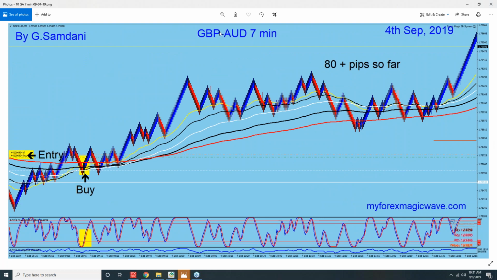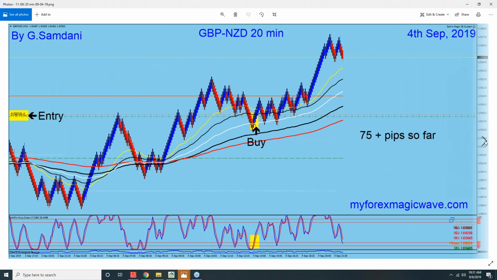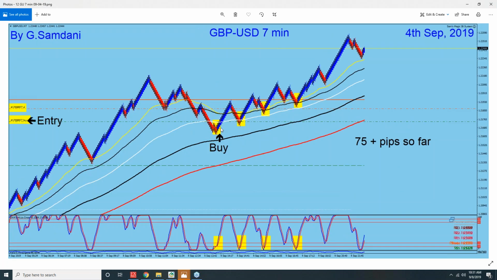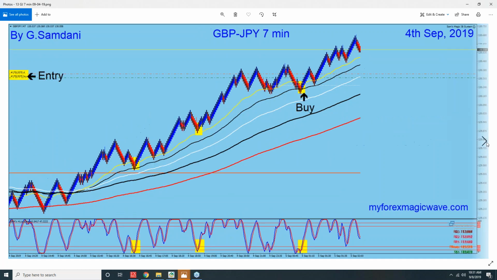The first trade, pound Aussie to the upside. The second trade, pound Aussie to the upside. The third trade, pound USD to the upside on the 4th, and the 4th trade on 4th September, pound yen to the upside, right?